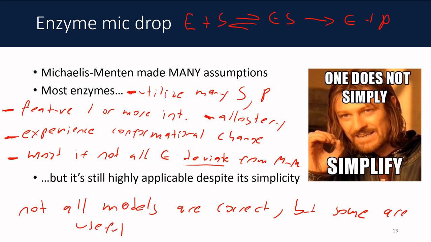And the Michaelis model is certainly very, very useful. And that's why it's so beautiful. Because even though I can't think of a single enzyme that perfectly fits the Michaelis-Menten model, the application is still crucial in our understanding of enzymes, mechanism, and medicine. So it is highly applicable despite its simplicity.